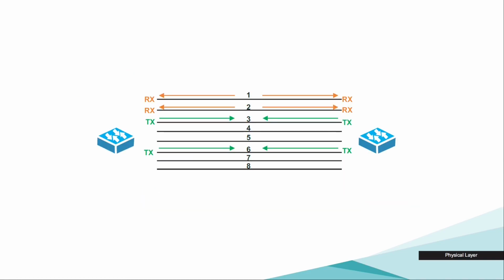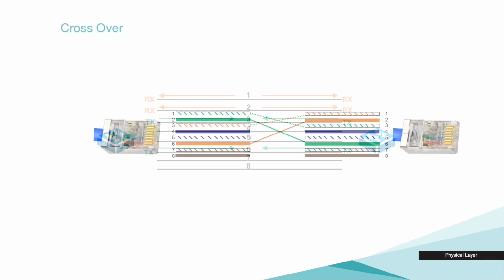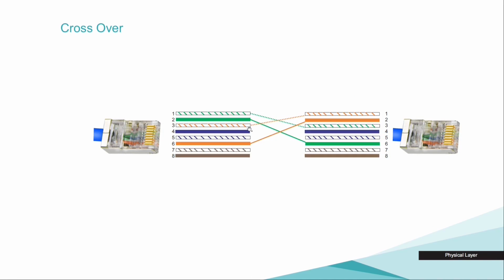So what about a connection between a switch and a switch? If we use the straight through cable, in that case it will not work. The reason for that is that the switch at both ends receives on pins 1 and 2 and transmits at both ends on 3 and 6. To connect the switch and the switch together, we are using something called the crossover.